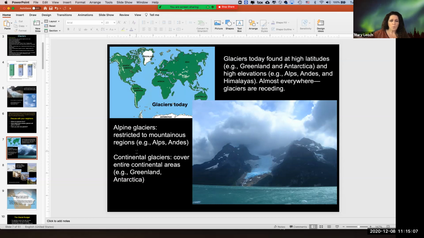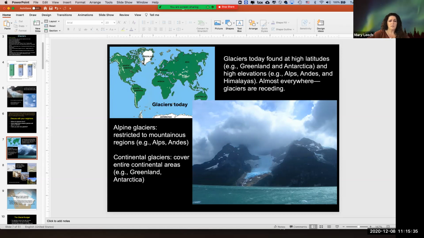Alpine glaciers are the ones that happen in mountains. So this picture is a picture of an alpine glacier. They come down these valleys, they're up high in the mountains, they're distinct, and they're relatively small compared to the continental glaciers, like the ones that cover Antarctica and Greenland.